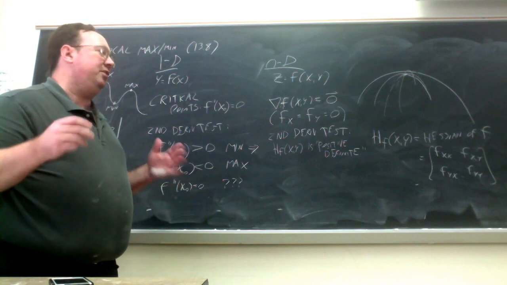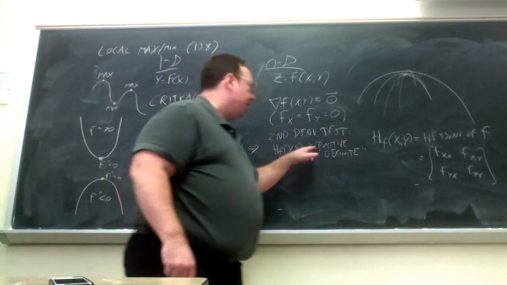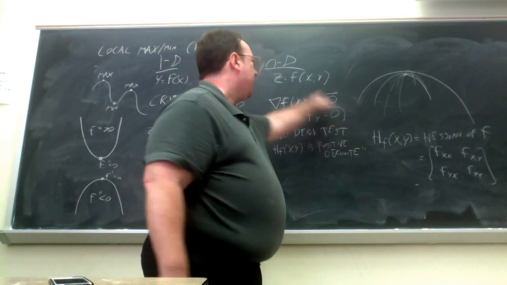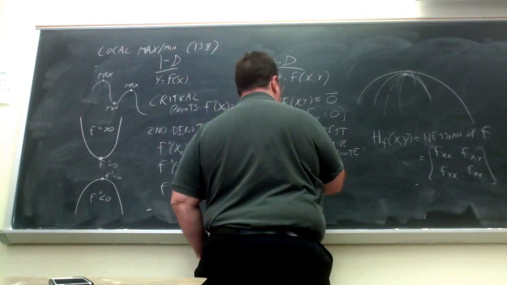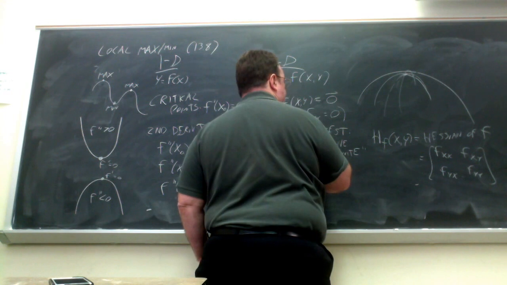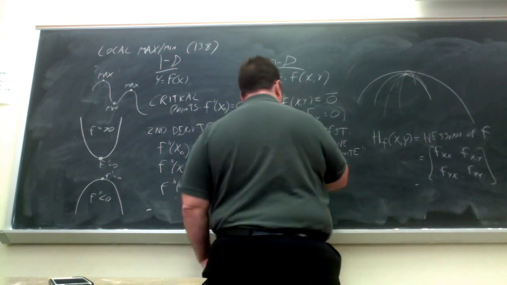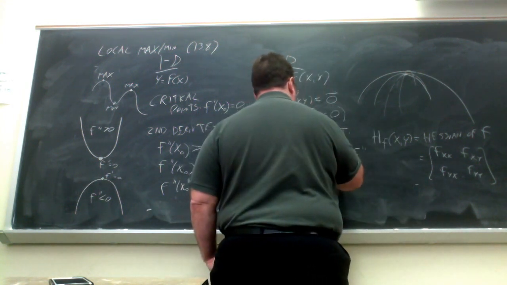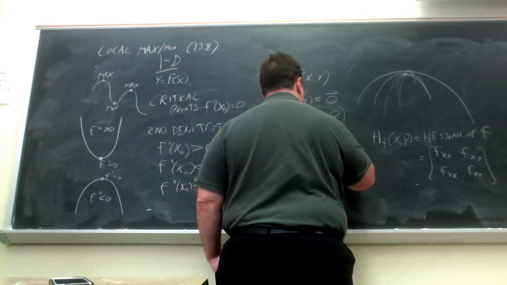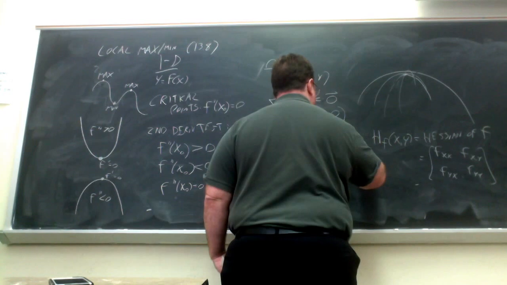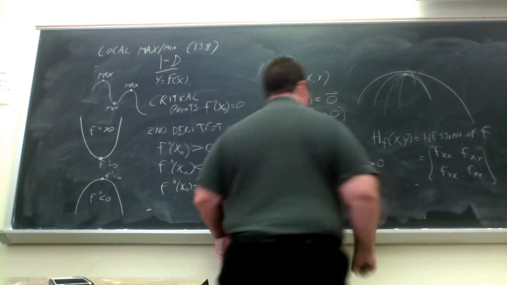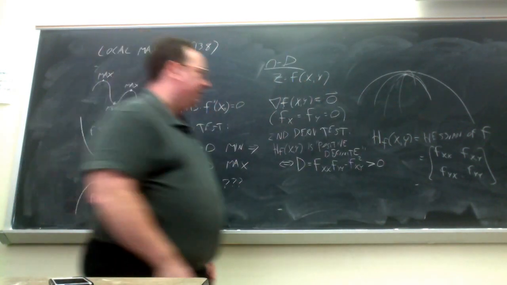So what I'm going to do is make things easy for you and explain what this actually means in this case of 2 variables. It means that this expression, which I'll call D, is fxx fyy minus fxy squared. It has to be strictly positive.